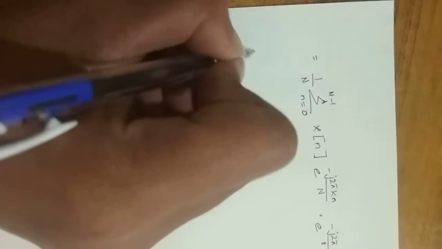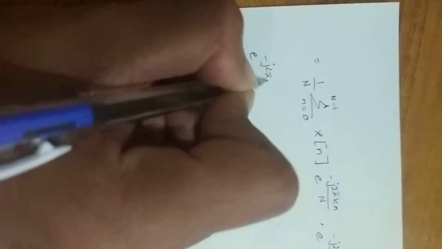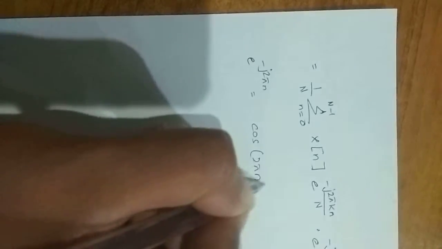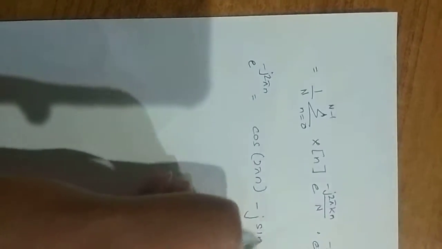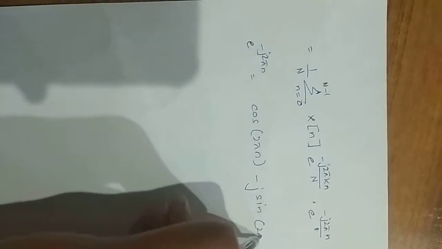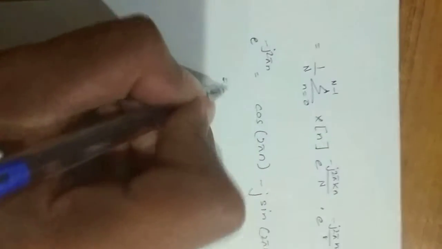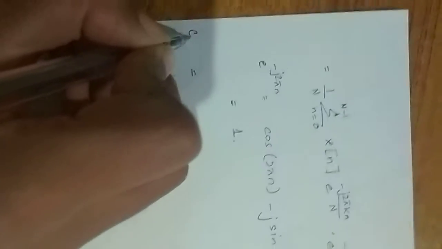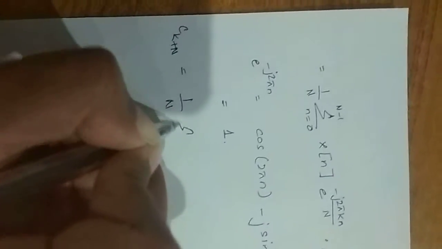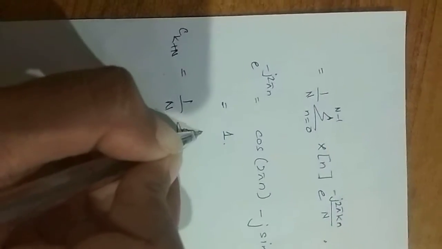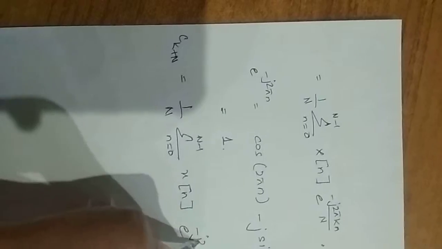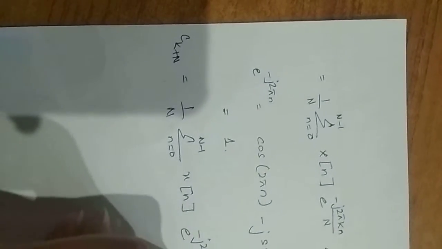We know that e raised to the power minus j 2 pi n is equal to cos 2 pi n minus j sin 2 pi n, and it results in 1. So we will substitute the value here. It is C of k plus N, 1 over N, and here we will get summation n equals 0 to N minus 1 x of n and e raised to the power minus j 2 pi k n over N.